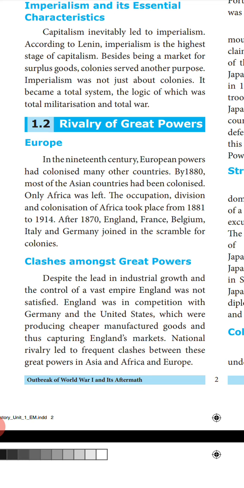After 1870, England, France, Belgium and Italy, then Germany joined the scramble for colonies. Scramble means capturing of colonies. Because of the capturing of colonies, there were clashes among the great powers.